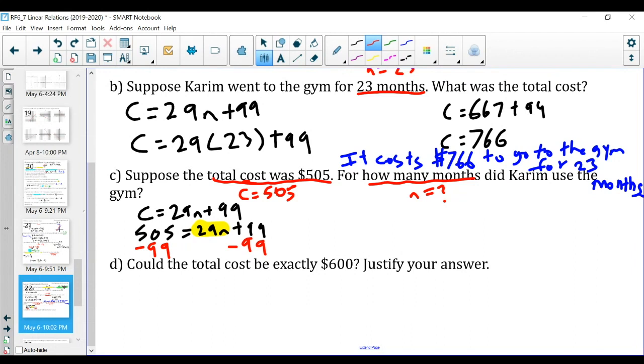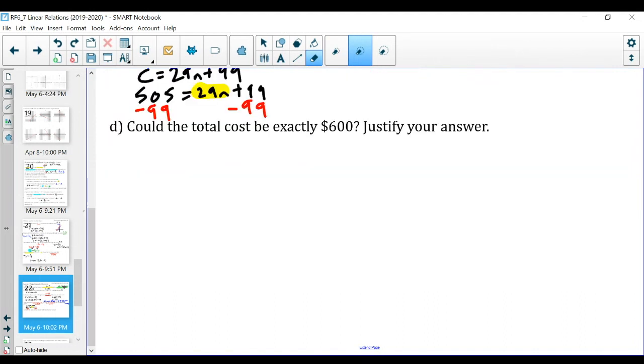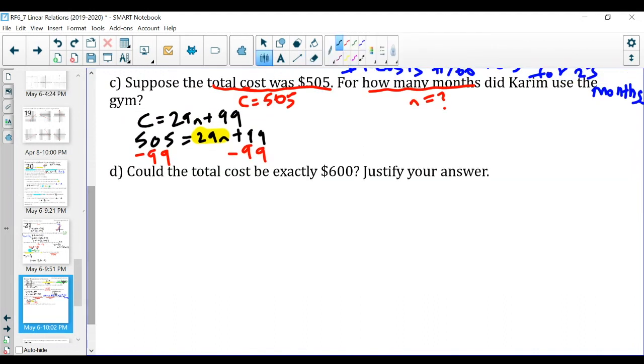So 505 minus 99 is equal to 406. So 406 is equal to 29N. And then I'm going to divide both sides by 29.